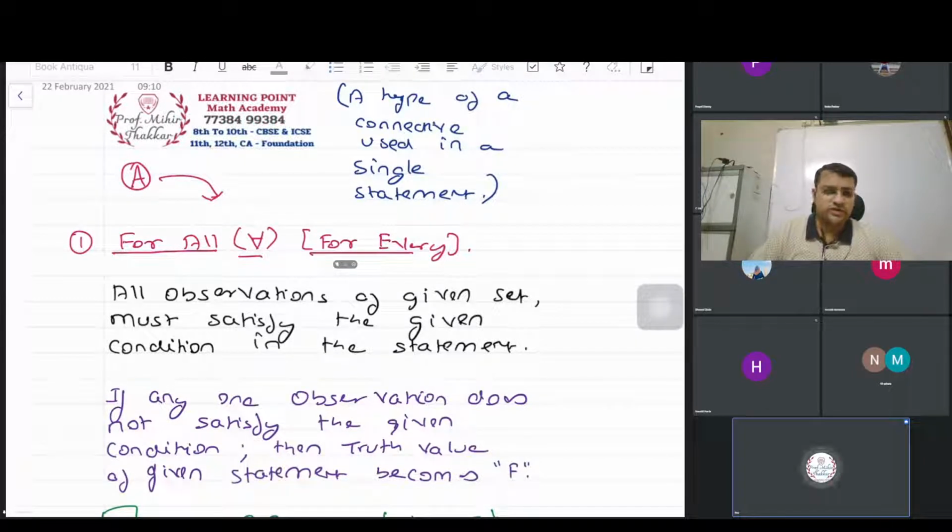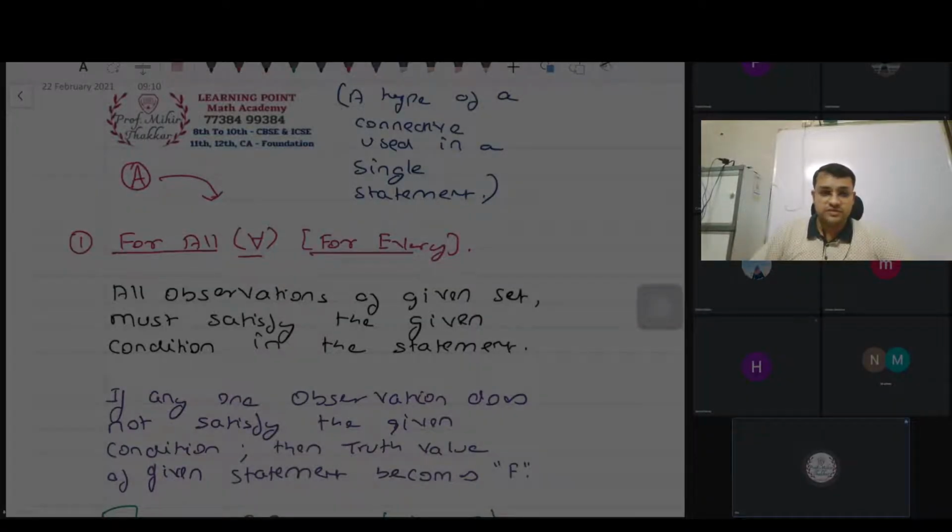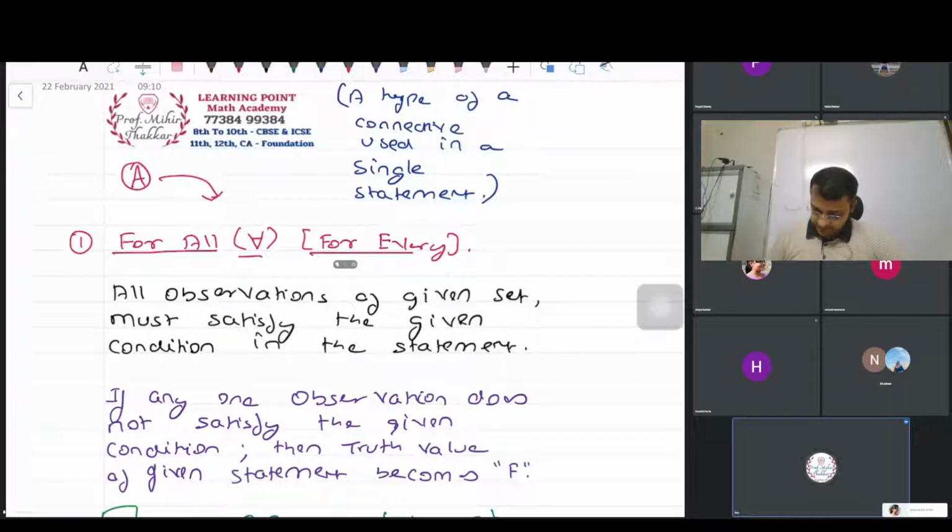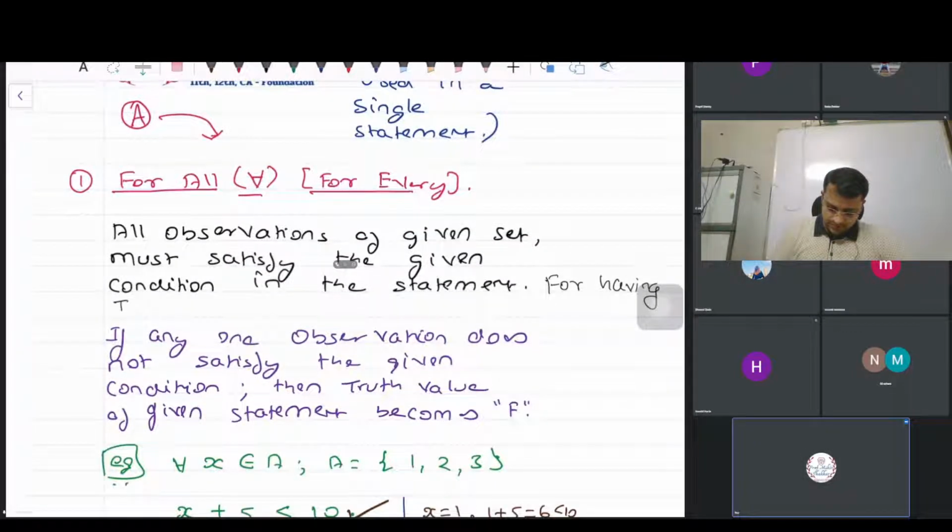So let us first of all recollect the first one. When you are working with the for all quantifier, I gave you a very important point which says that all observations of the given set must satisfy the given condition in the statement for it to have the truth value T. Otherwise, it will be false.